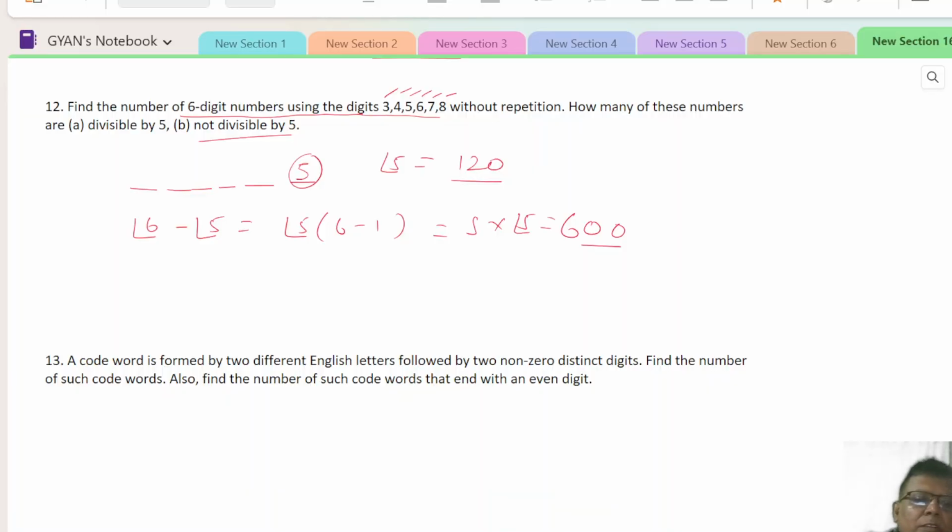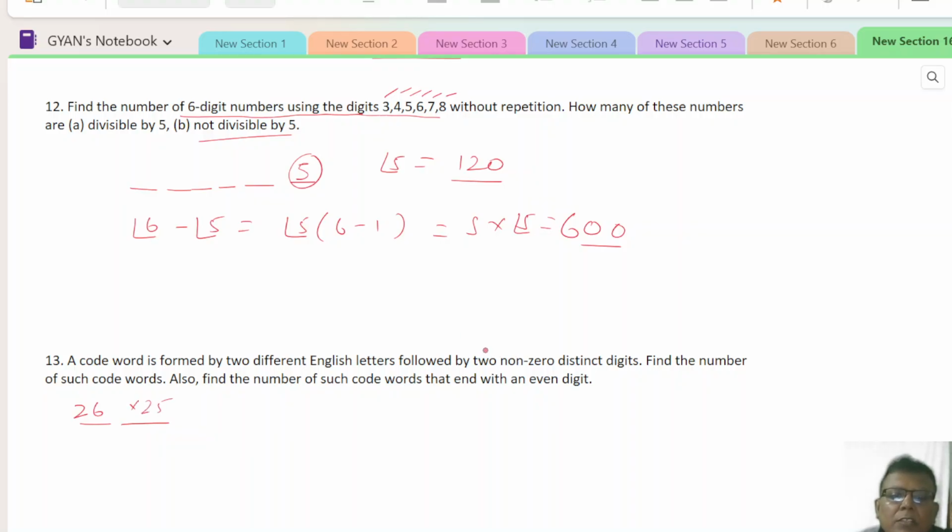A code word is formed from two different English letters followed by two non-zero distinct digits. Find the number of such codes. So how will we find such codes? Two letters. How many letters are there? 26. So 26 into 25.